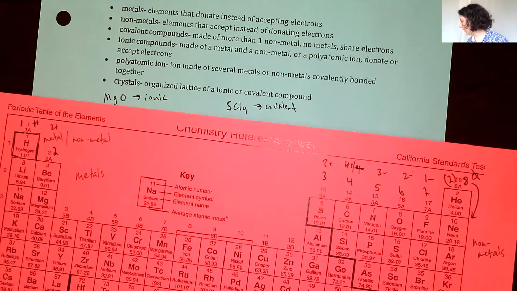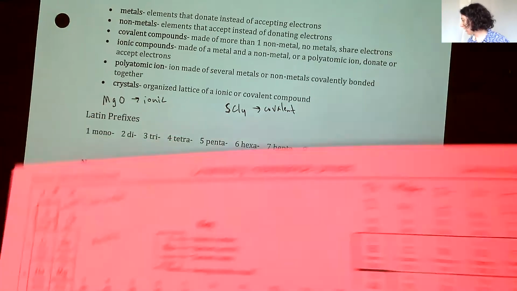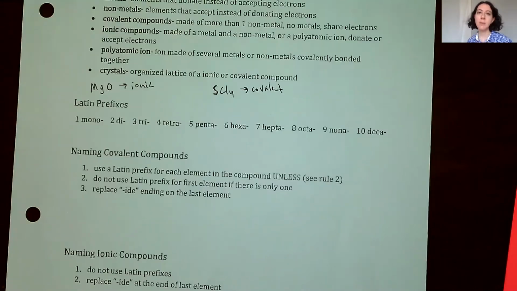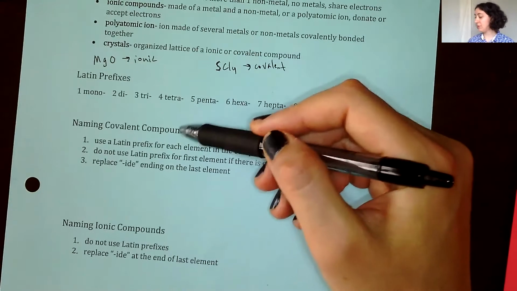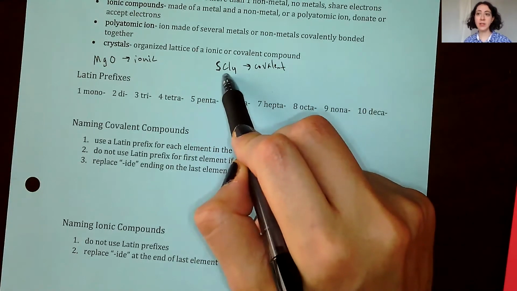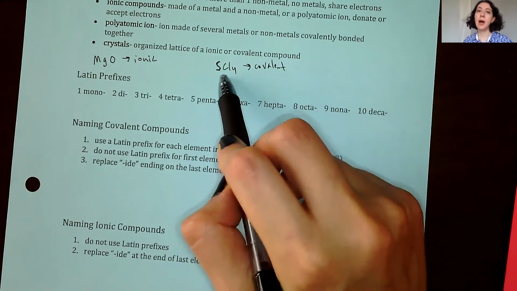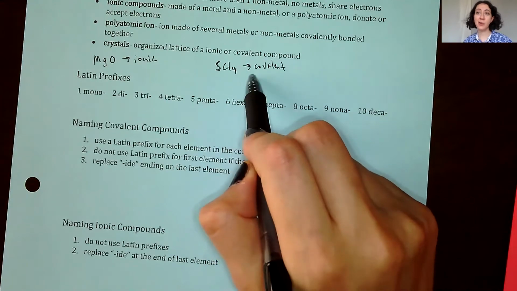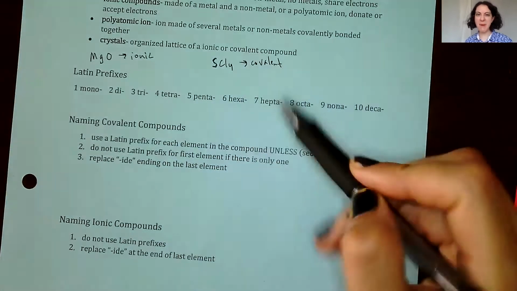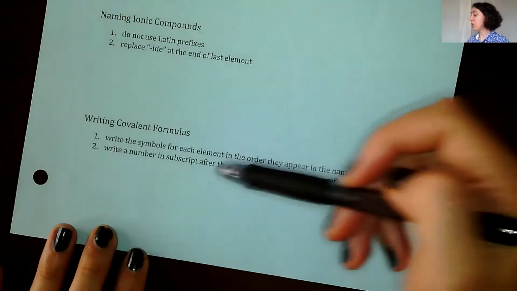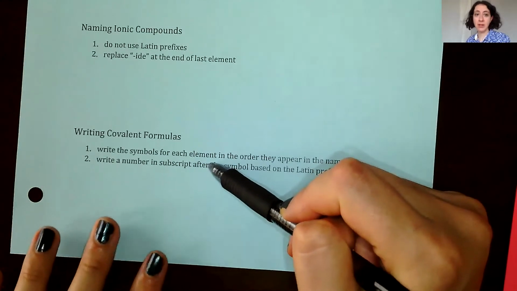All right, great. So there's no unit packet pages associated with this, but we are going to continue on learning about how to write the names of covalent compounds. So this is a formula for a covalent molecule or compound. The name for this one is actually sulfur tetrachloride. You're going to learn all about how to name it. We're also going to learn how to write the formulas for covalent molecules.